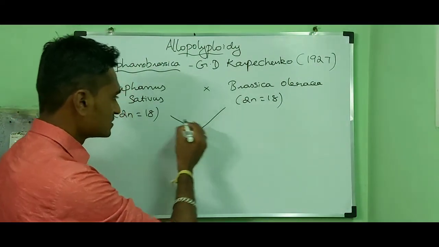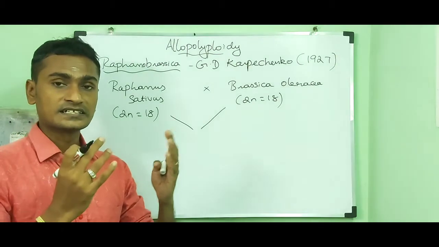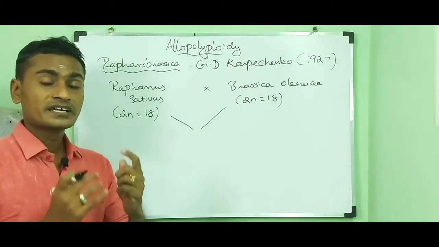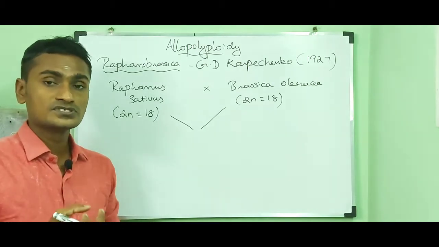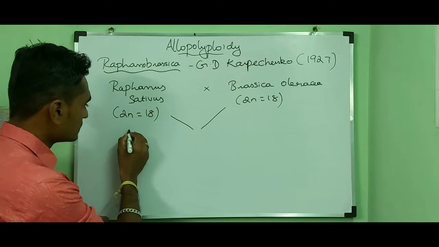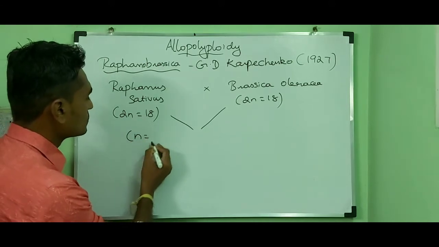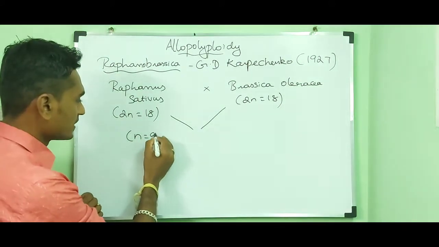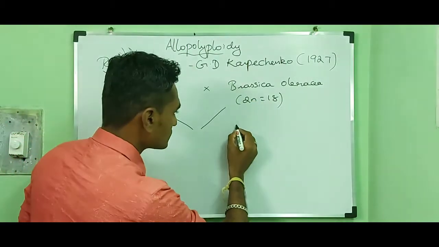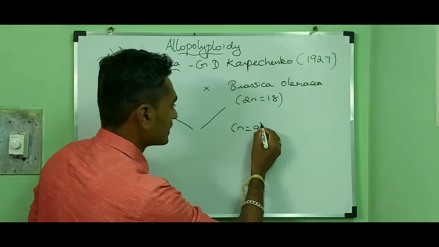During gametogenesis, meiosis takes place, that is, reduction division takes place. So the somatic chromosomes get halved, and the cells produced are referred to as gametes. They are reduced to n equal to 9. The same condition occurs in the other parent also, n equal to 9.